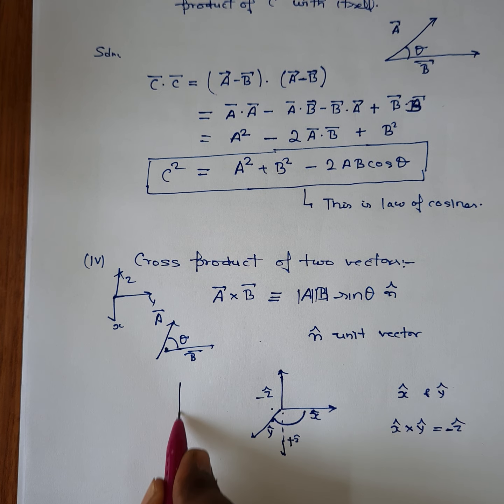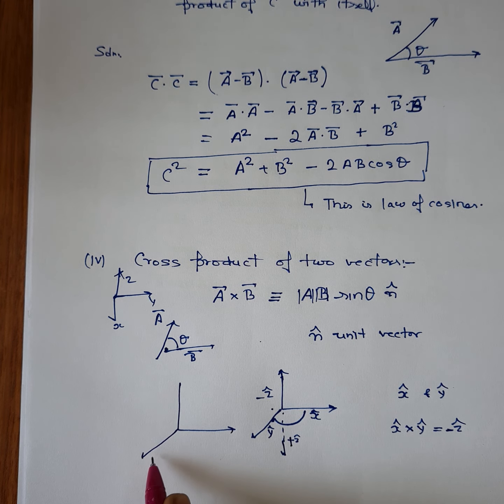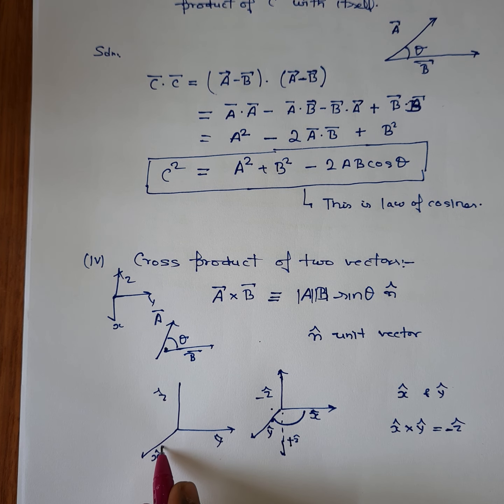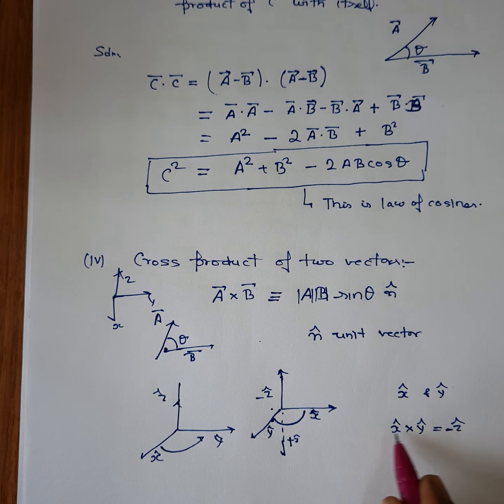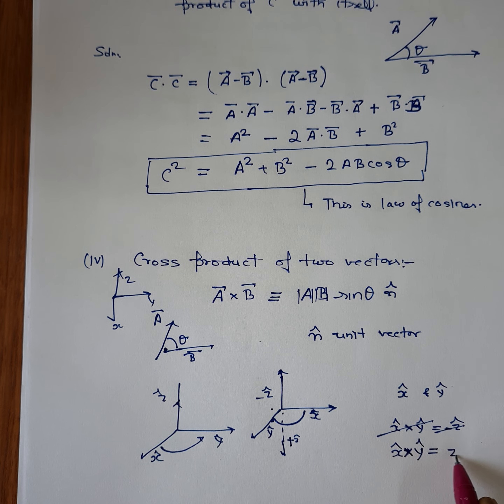In the coordinate system we generally denote this as the x axis, the y axis, and this is the z axis. So when we take the cross product of x cap with y cap, it always gives positive z. So this relation is wrong; you write it according to the right hand rule: x cap cross y cap is equal to z cap. But if you take the cross product y cap cross x cap, it will give minus z cap.